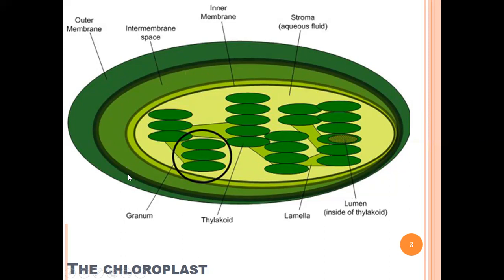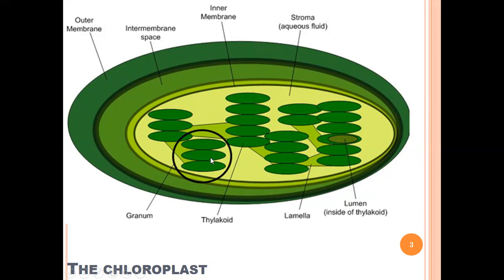This chloroplast is bounded by two membranes, that is the inner membrane and the outer membrane. And in between this membrane, you have loads and loads of metabolites, the proteins, and the ions that are needed in the process of photosynthesis. Within the chloroplast, you find the granum.